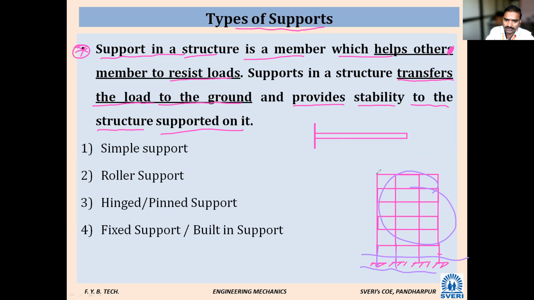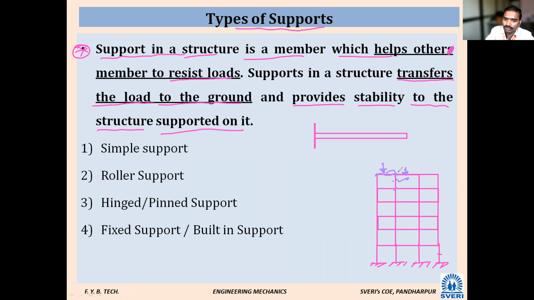See, this is a beam. When this beam is subjected to any kind of load, this structure is resisting. It means it has some support conditions. From the beam the load will come to the column, and this column will resist the load.